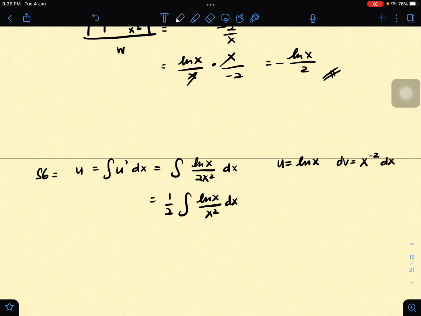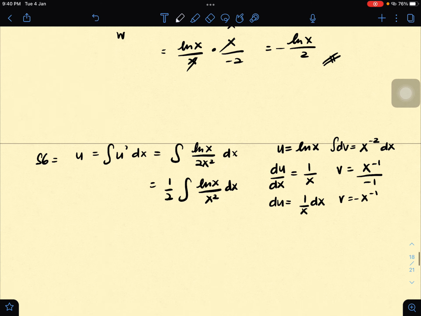Okay, so we differentiate this to get du/dx, which is differentiating ln x, you get 1 over x. So du equals 1 over x dx. This one we integrate dv to get v. So integrating x^-2, you will get x^-1 over negative 1. So you have your v equal to -x^-1.